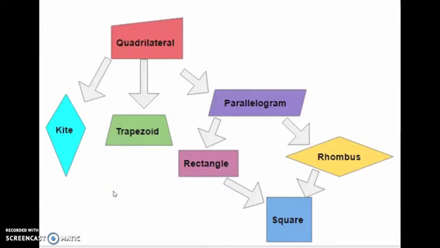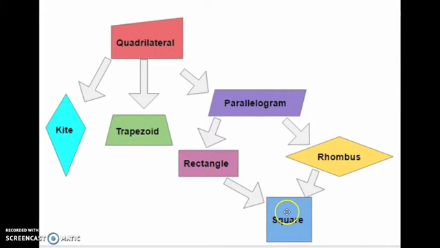This diagram shows the quadrilateral hierarchy. Each shape below the arrow has the properties of those above it, while at the same time having more specific requirements. So, all of these shapes are quadrilaterals, and a rhombus, a rectangle, and a square are all parallelograms, while a trapezoid and a kite are not parallelograms because they do not fulfill all the requirements of a parallelogram.